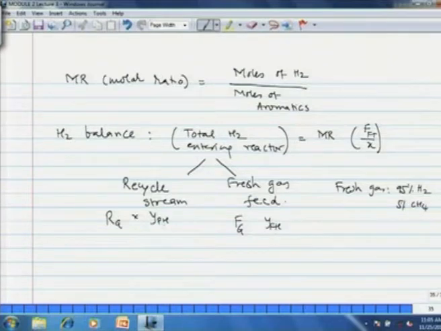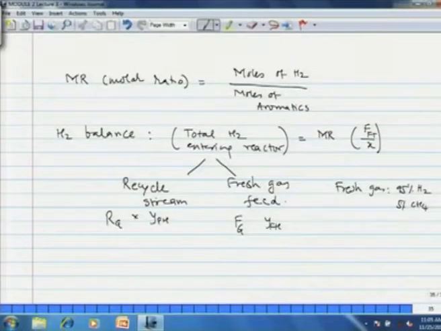Now YPH is a variable. How does it affect the material balance? That we are going to see in detail in the tutorial following the lectures. Right now we use it as a variable. Therefore, the balance is Rg into YPH plus Fg into YFH equal to Mr into FFT by X.